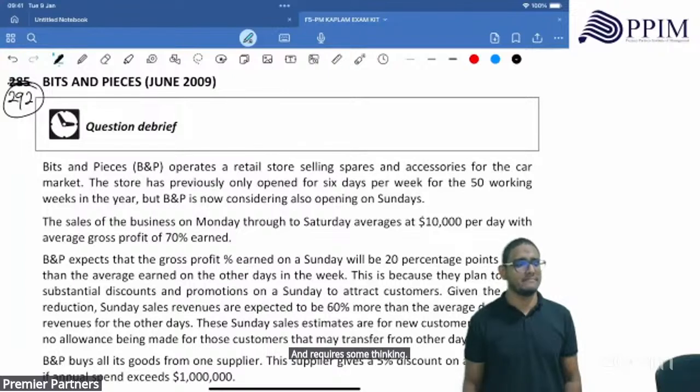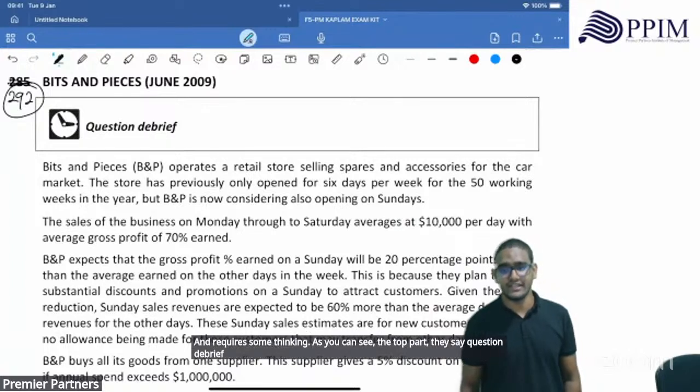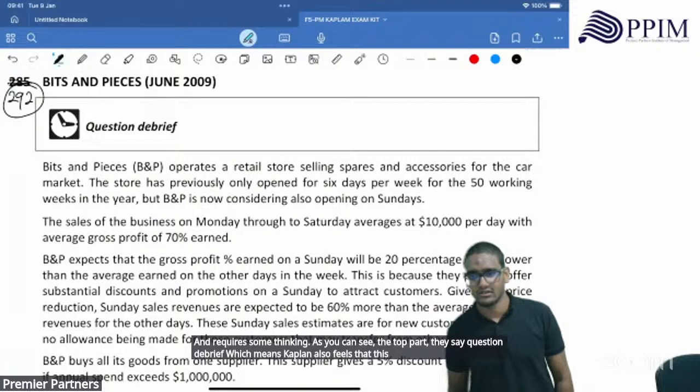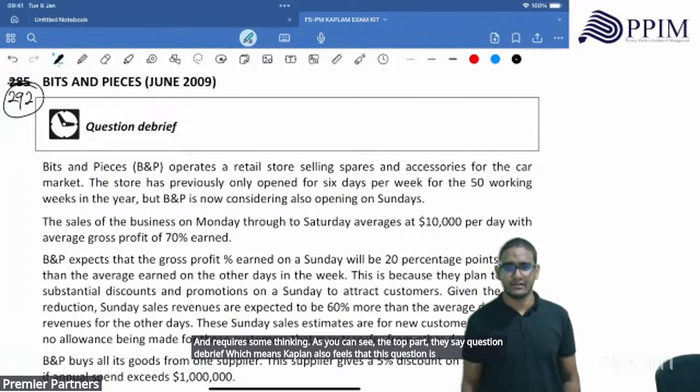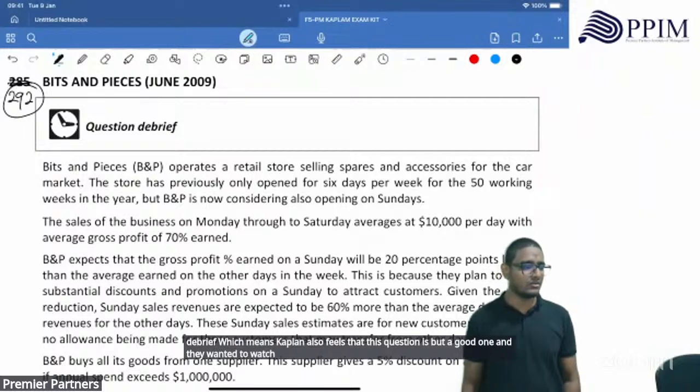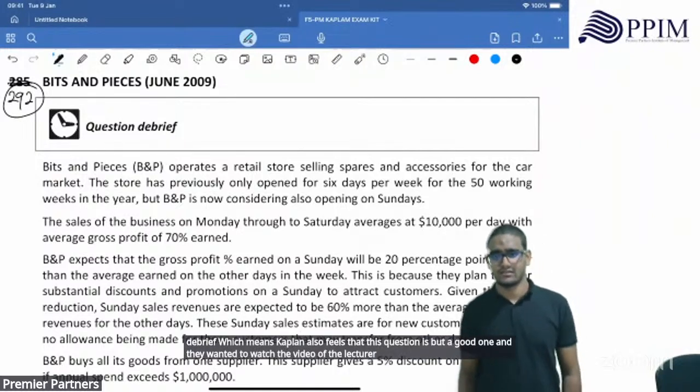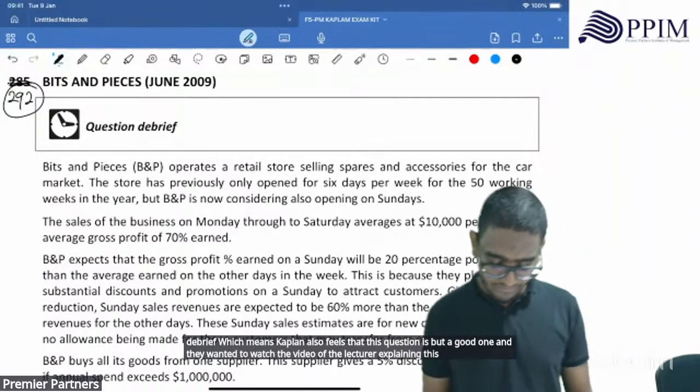As you can see, the top part, they say question debrief, which means Kaplan also feels that this question is quite a good one, and they want you to watch the video of the lecturer explaining this question.